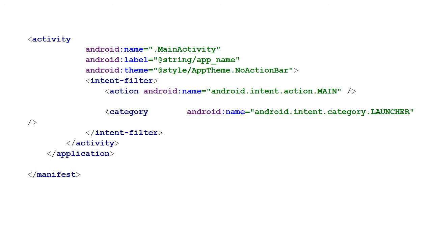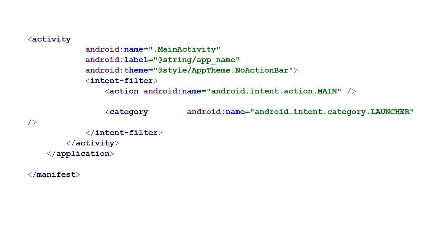Then the activity tag defines an activity. In this example, it points to the ConvertPlus class in the com.example.myApplication package. The intent filter is registered for this class and defines that this activity is started once the application starts. Action android:name is equal to android.intent.action.MAIN.